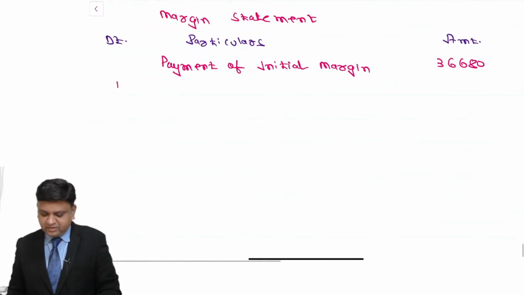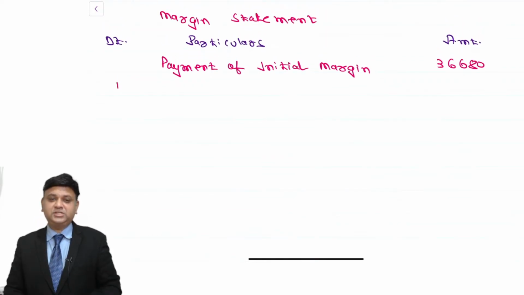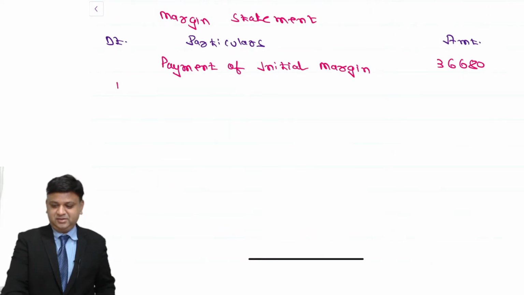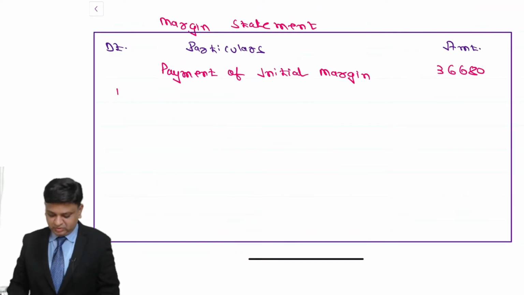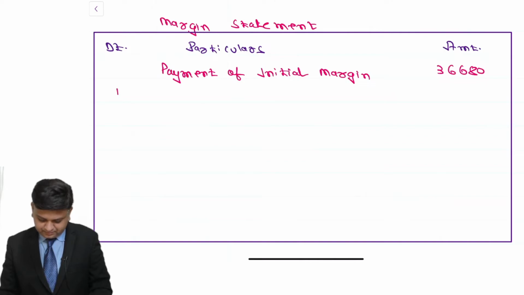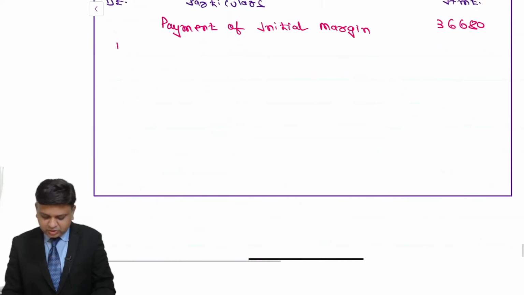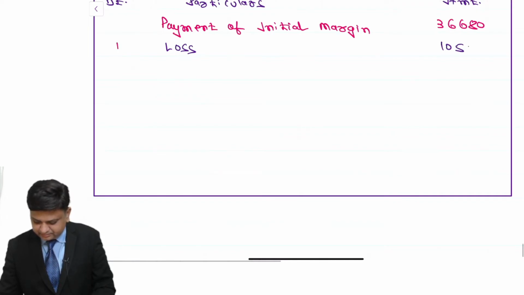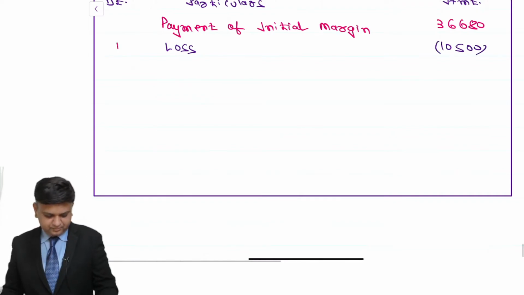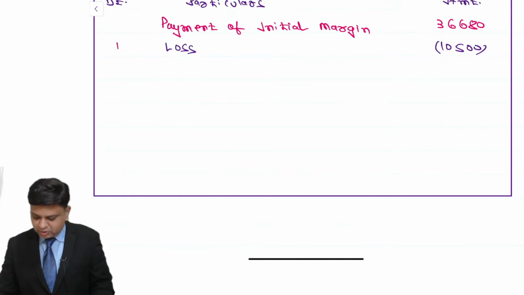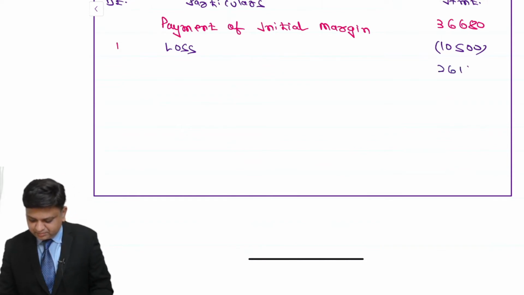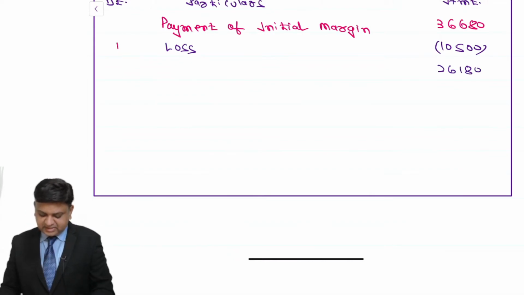Then on day 1 onwards, we'll write the profit or loss that we have. So on day 1, there is a loss of 10,500. So 36680 minus 10,500. So it is 26180. It is less than the maintenance margin.